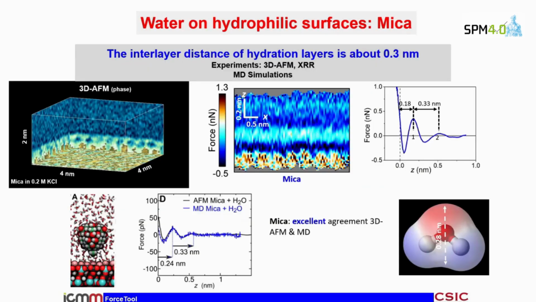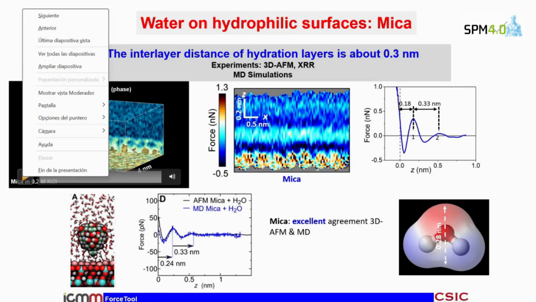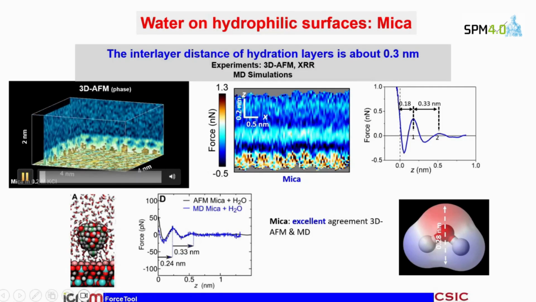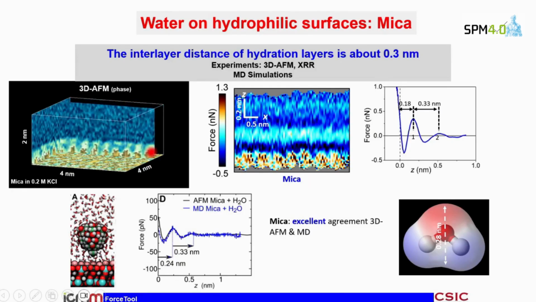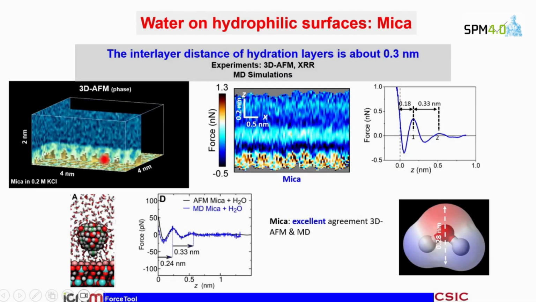So now we did these studies on a mica surface, which is a prototype hydrophilic surface. So I think this is a video. And we see the atoms of the mica, the atomic lattice, and the structuring of the ions that are adsorbed, and the layering of water that also has molecular resolution.